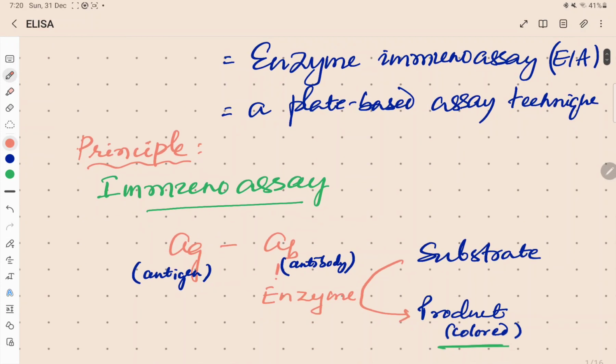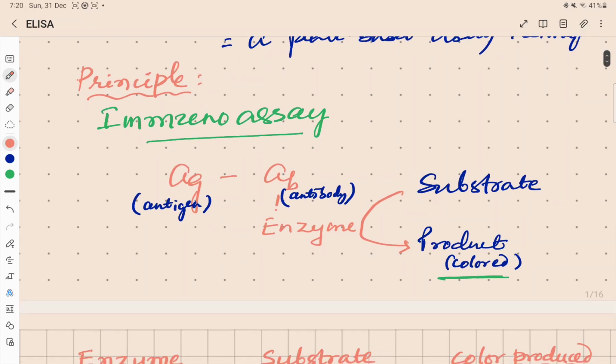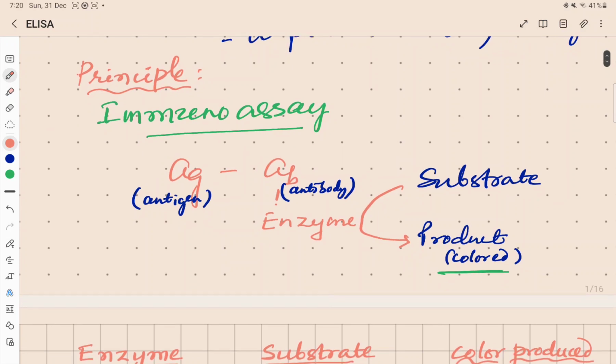So let us discuss the principle of this ELISA. Basically, it is an immunoassay where enzyme is linked. The difference between radio immunoassay and ELISA is that in RIA a radioisotope is bound instead of an enzyme.